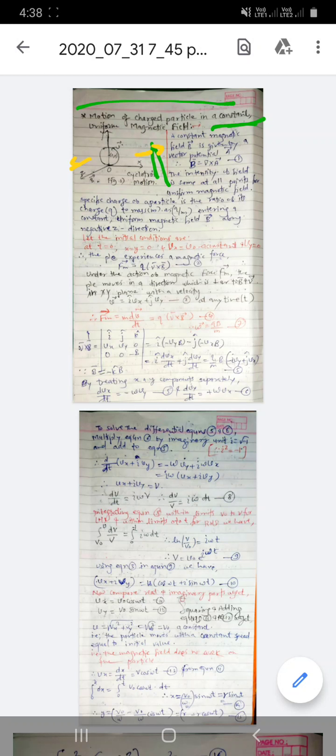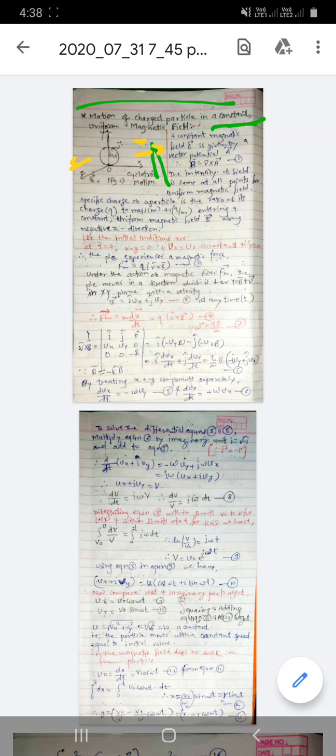But actually, if you see this diagram carefully, the motion of that particle is shown along the vertical direction y, and it traces out the circle you can see here. Hence, one can see that the trajectory followed by the charged particle in constant uniform magnetic field B bar is a cyclotron motion. It will be clear from this diagram.